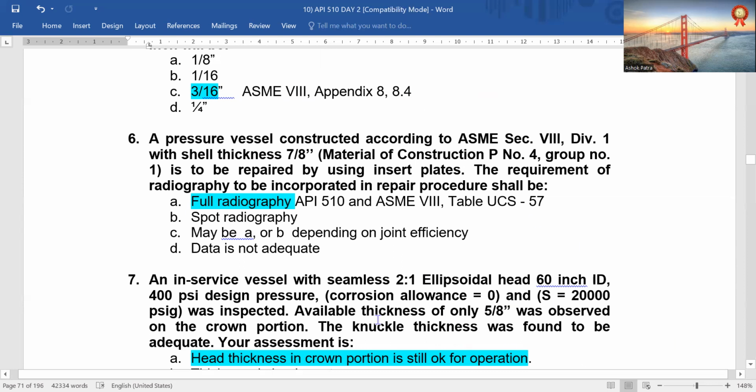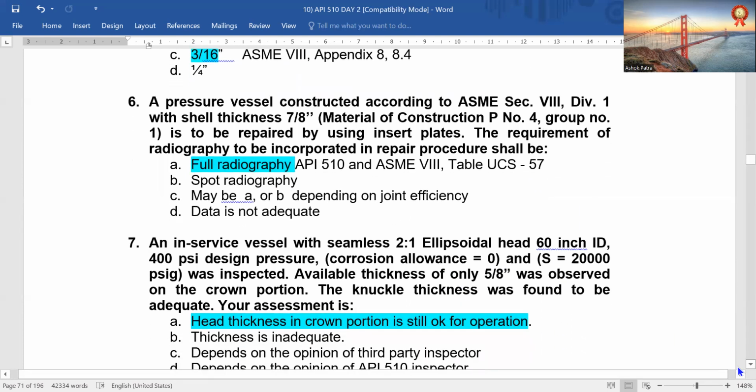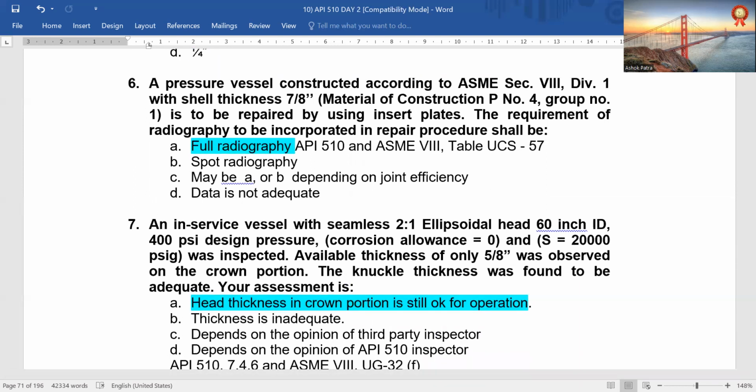In this you have to calculate as per hemispherical. That is what they are telling here. Just calculate.